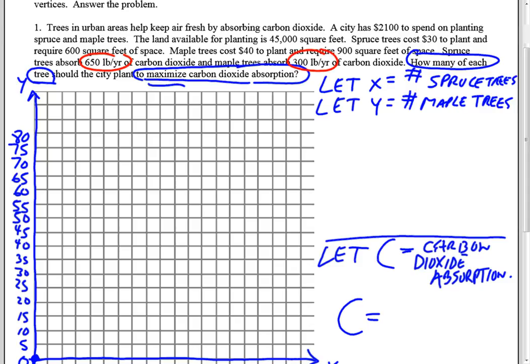What will the equation look like? C equals 650x plus 300y, according to those variables that I declared. 650 goes with spruce, 300 goes with y.